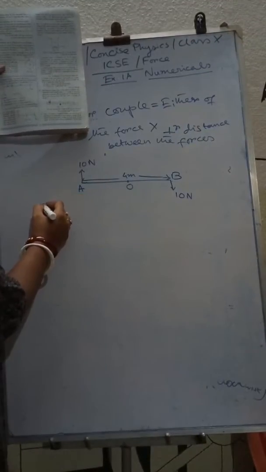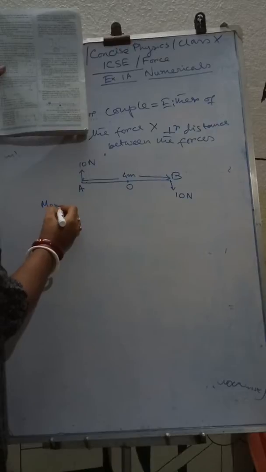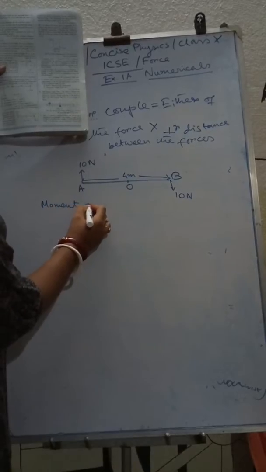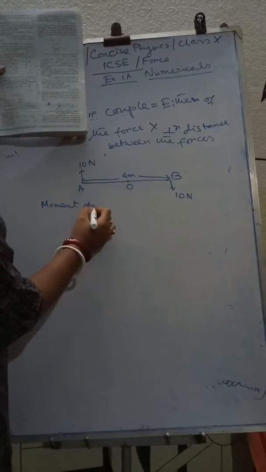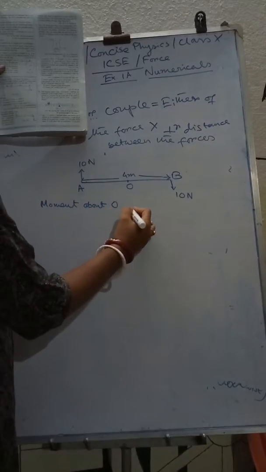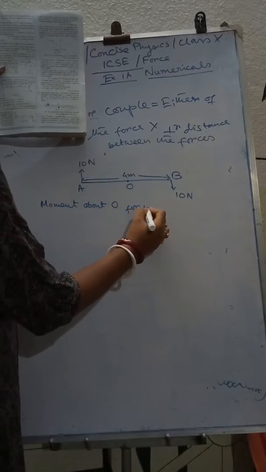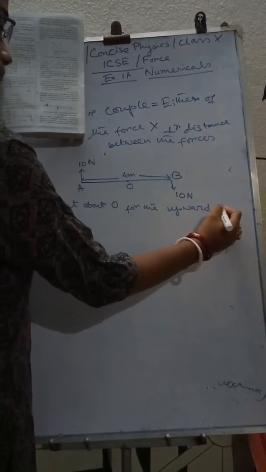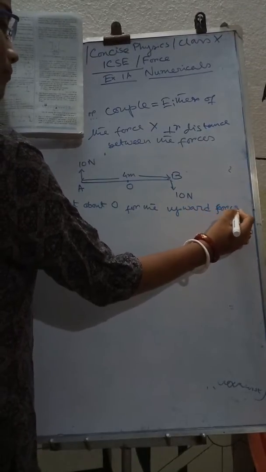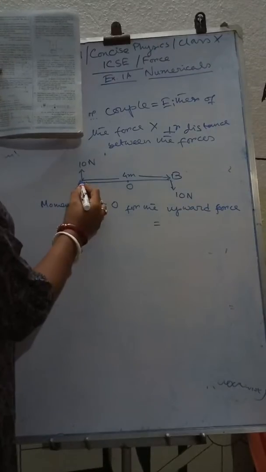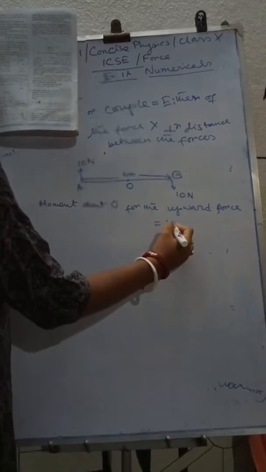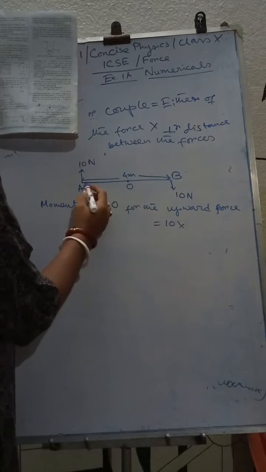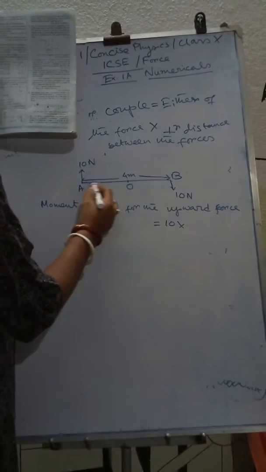At first we have to find the moment about O for the upward force. The upward force is 10 Newton and the distance is AO.